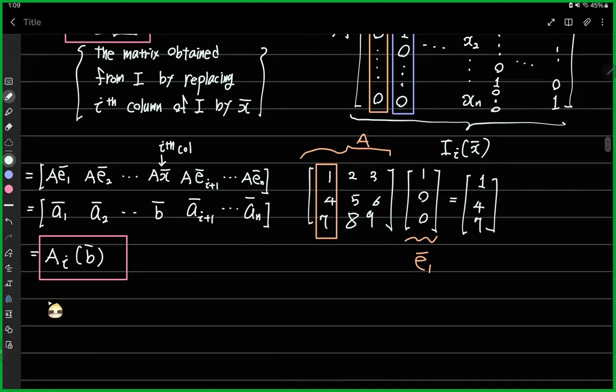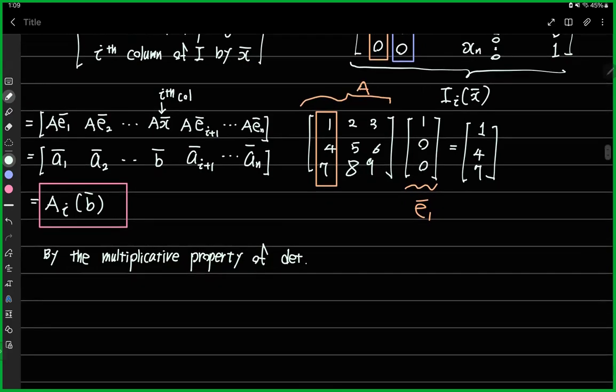Then by the multiplicative property of determinant. Just say DET stands for determinant. Do you know the determinant of the matrix? What is it? The determinant of A times B is equal to the determinant of A times the determinant of B. Got it?